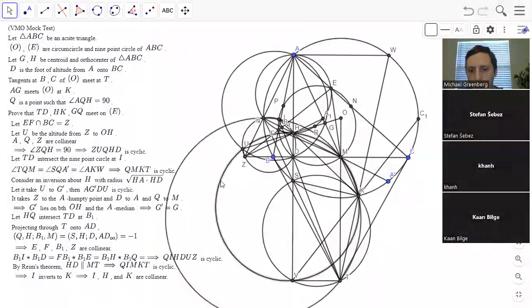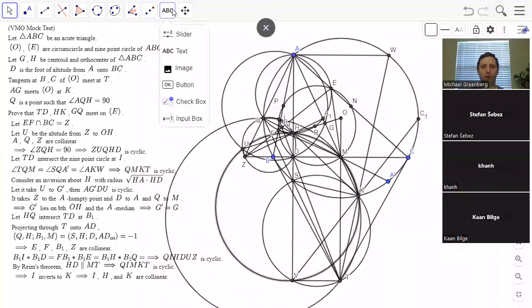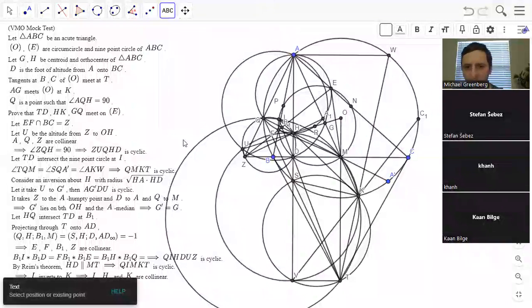If we can show UHMK is cyclic, then that would solve it. So yeah, this is my idea. I'll just type it up. First, show UHMK is cyclic.